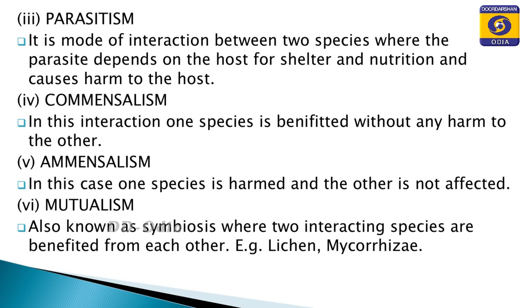There it is not causing any harm to the sea turtle. Of course, it adds the burden of weight, but otherwise it is not doing any harm, like any disease, to the other. There we shall say this is commensalism. Epiphytic plants grow on other plants, they just take shelter, but they do not do any harm.